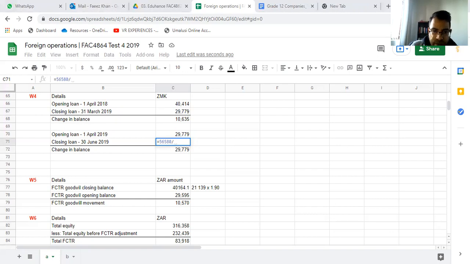I want this rate over here, so we're going to use the 170. Remember, we're trying to translate the loan at 1 April 2019, which is the same thing as 31 March 2019. Then we want to translate the loan at 30th June 2019, which is the closing rate at 30th June 2019, and that is why we use the 1 Rand 70. So just take note of that.